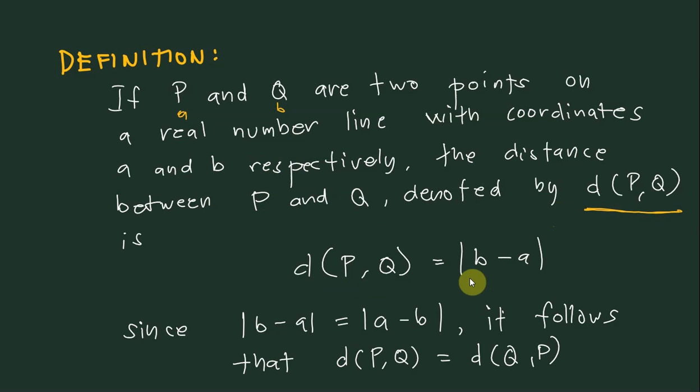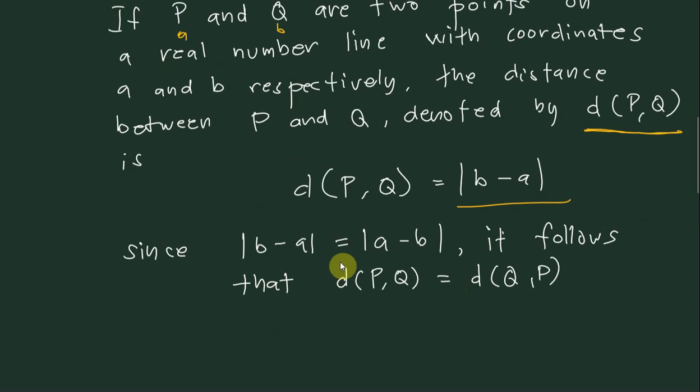The distance is the absolute value of B minus A. And since the absolute value of B minus A is equal to that of A minus B, it follows that the distance of P to Q is equal to the distance of Q to P.